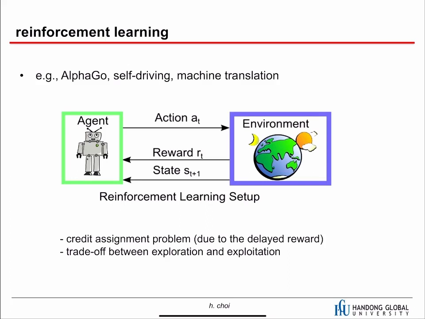Okay, then what is the difference between reinforcement learning and supervised learning? First of all, we have an agent and an environment. In supervised learning, we have an agent or model, but we don't consider the environment. But in reinforcement learning, we have an environment. There are two major differences between supervised learning and reinforcement learning.